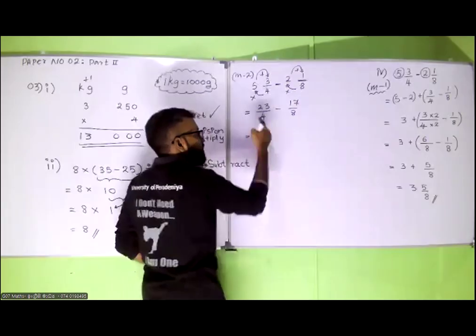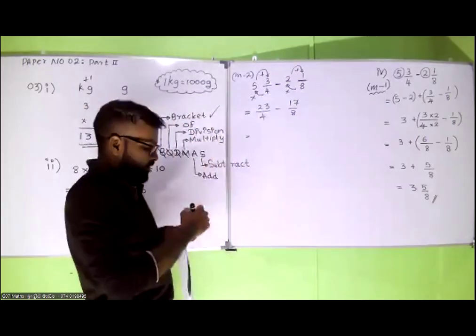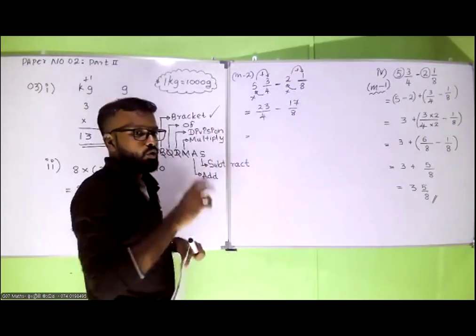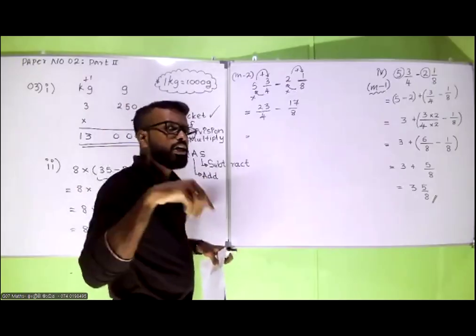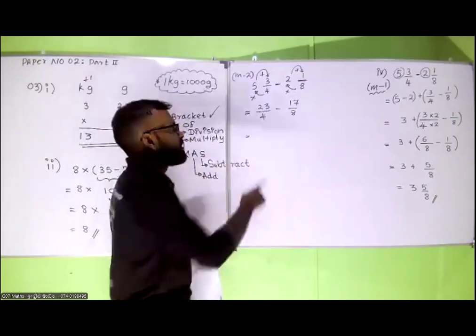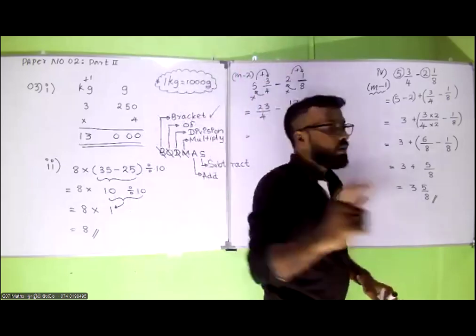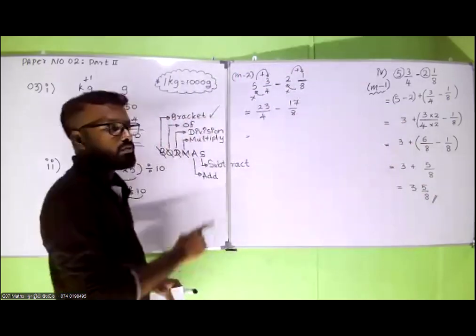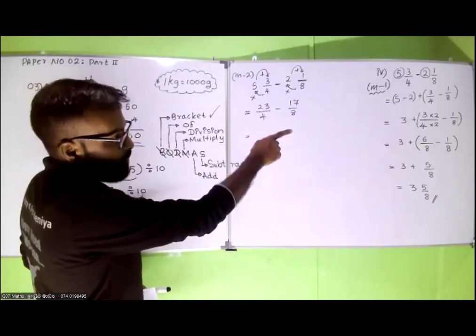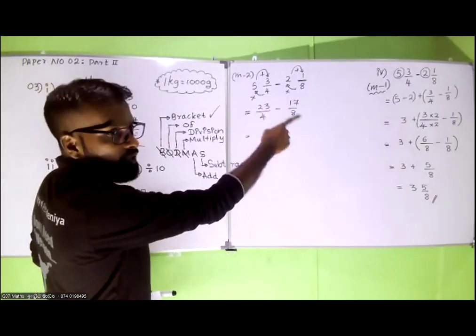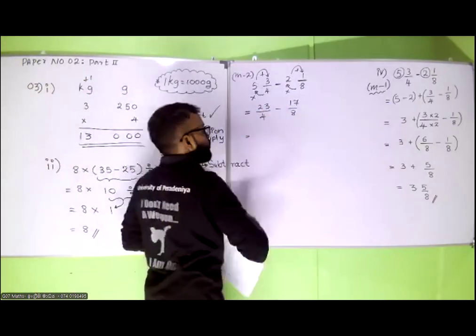Now here you have denominator 4, there you have denominator 8. So you need to make sure that you have equal denominators. How are we going to convert 4 into 8? You can use the same method: multiply both numerator and denominator by 2.